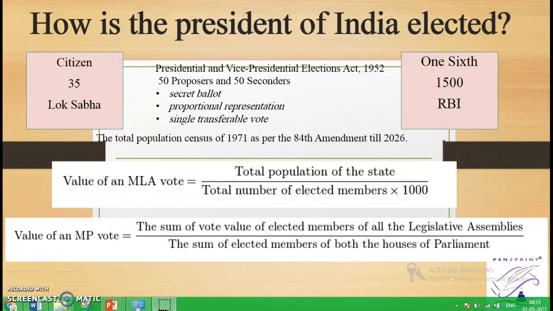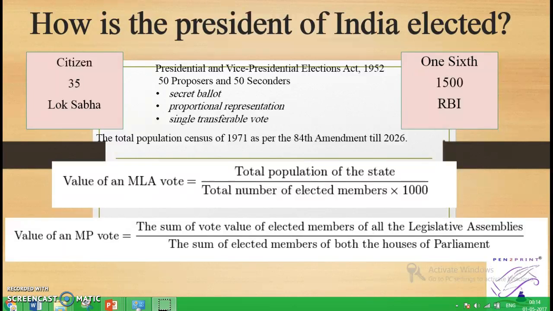And the one who secures a simple majority, like 50% plus 1, will be declared elected. Until he secures 50% plus 1, this cycle will continue.